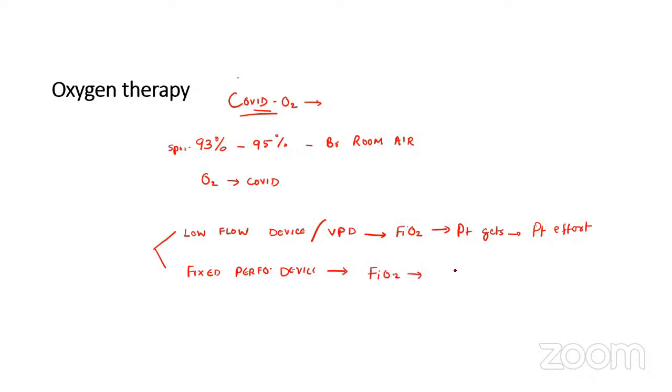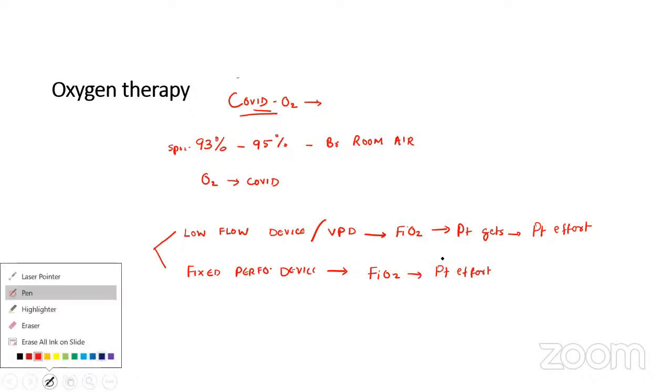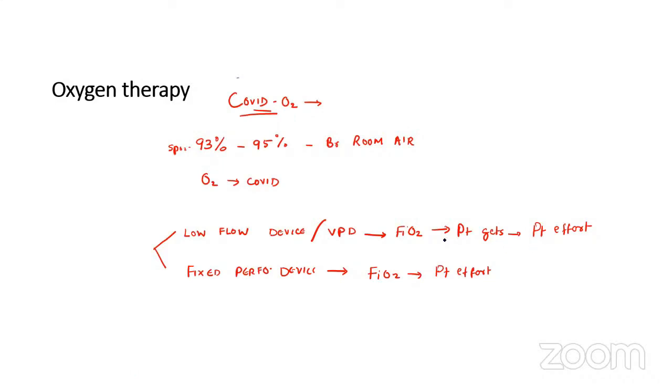So here patient effort is not a concern for us. This is a very common area where you get questions. So please understand that an example of a variable performance device is your nasal cannula and Hudson mask. Very common question. It has been repeatedly asked.